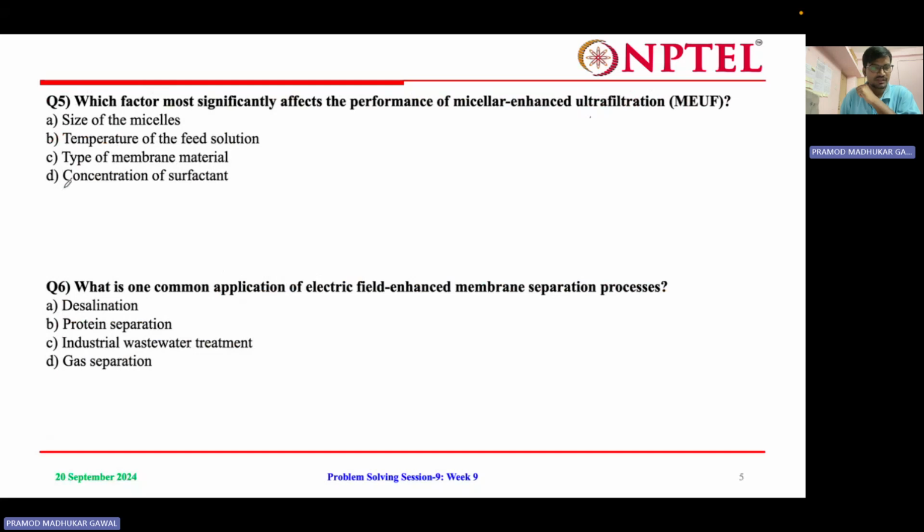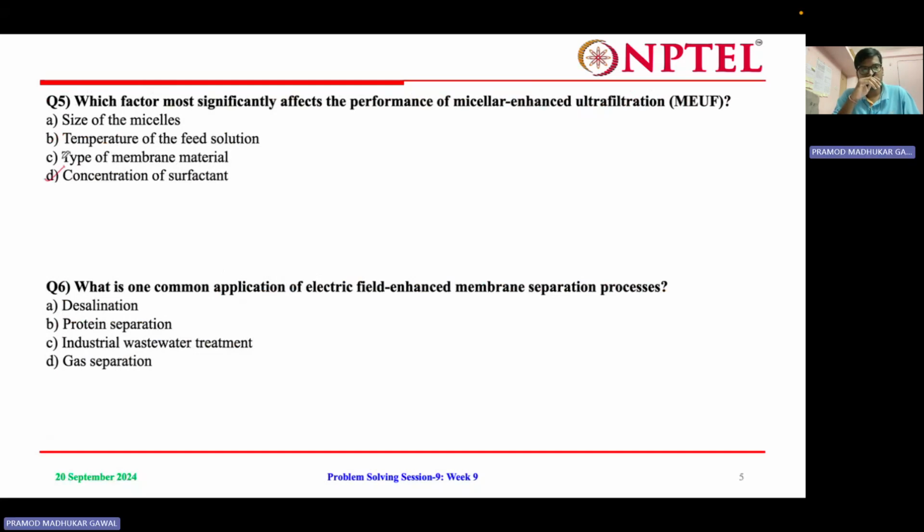Here the concentration of the surfactant affects the performance of micellar enhanced ultrafiltration, because if the concentration of the surfactant is low, it might not form sufficient micelles, and if the surfactant concentration is too high, it could lead to micelle aggregation and clogging of the membranes. So option D is the correct one.